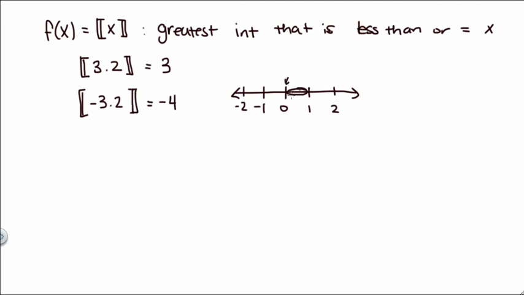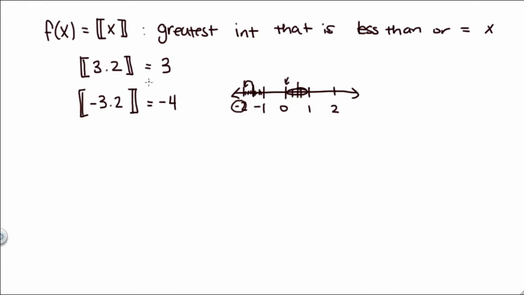Because that's the highest integer that's less than any of these values. Same thing on this side. So if I pick anything within here, the greatest integer that's less than or equal to that value, whatever I choose, will be -2, because that's the highest, but it's less than the value that I'm at.